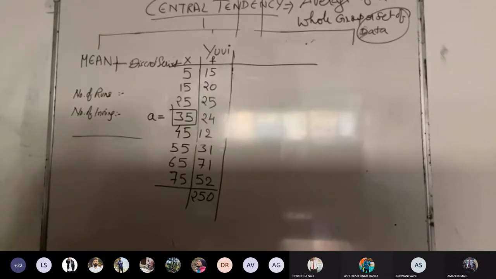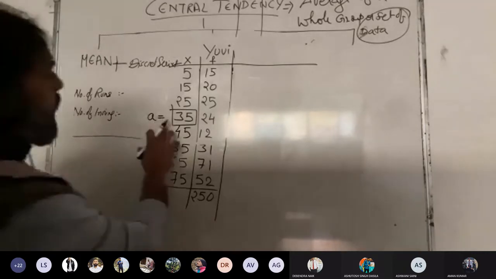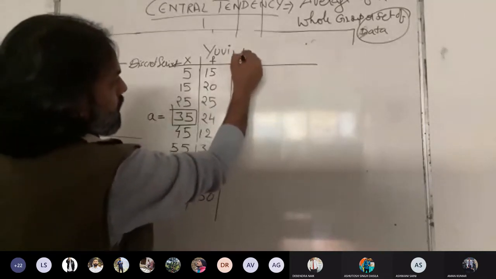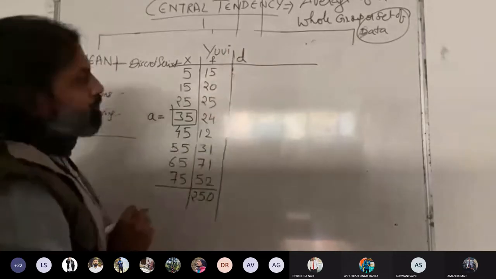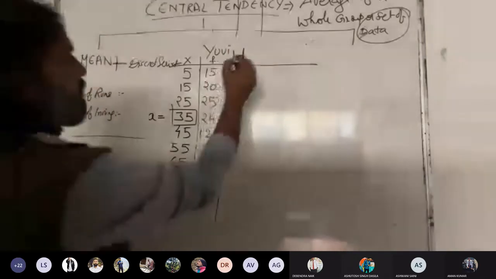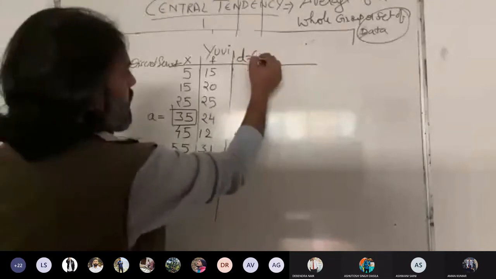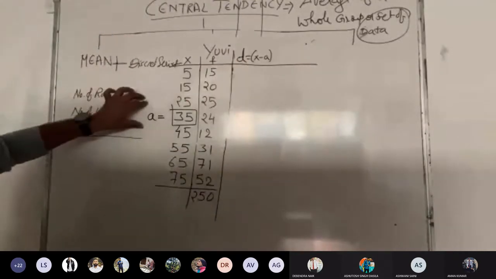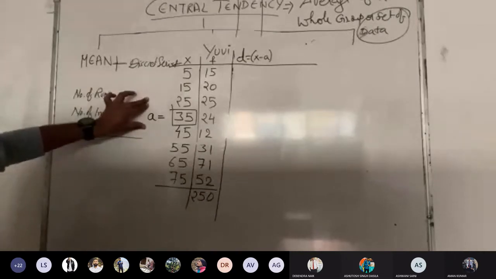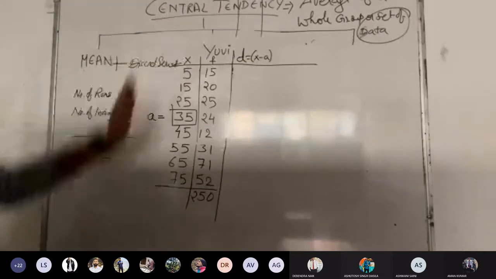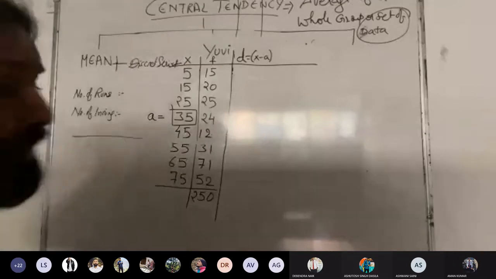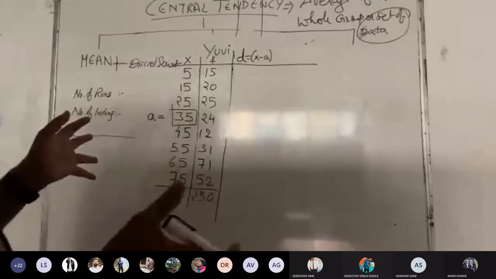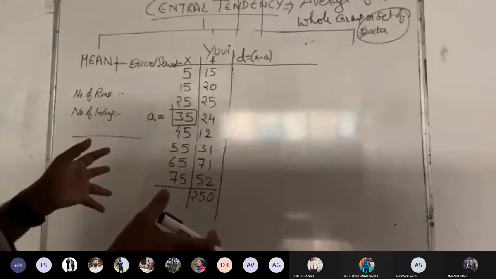With the arbitrary number, I'm going to derive a new number. This is x minus the arbitrary number. I will subtract the arbitrary number from all the numbers so that I can make the score much simpler. Let me do it out.